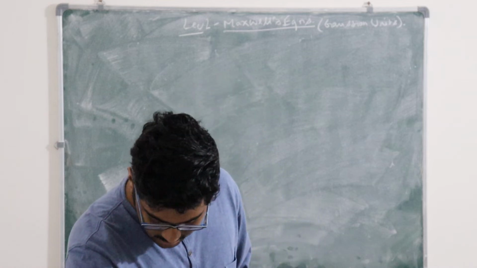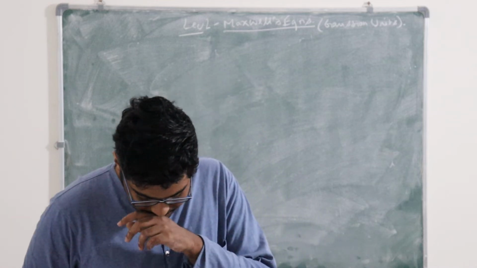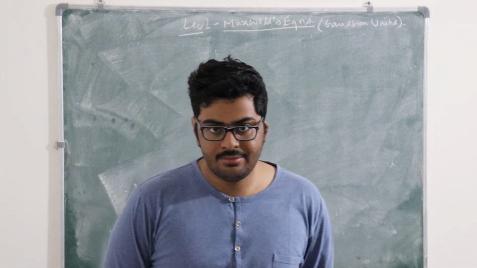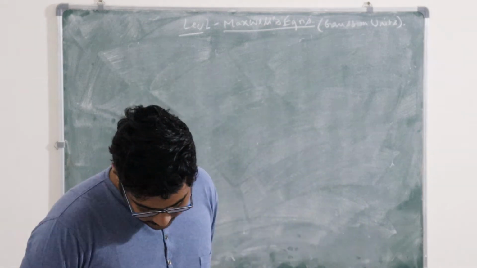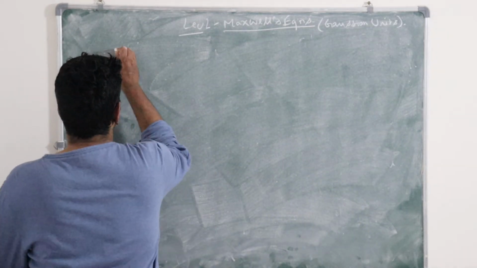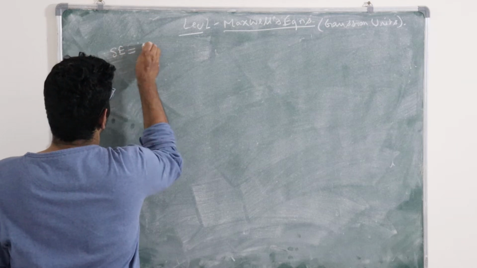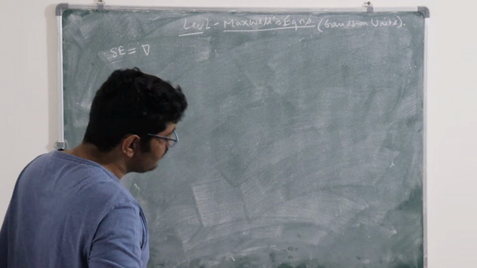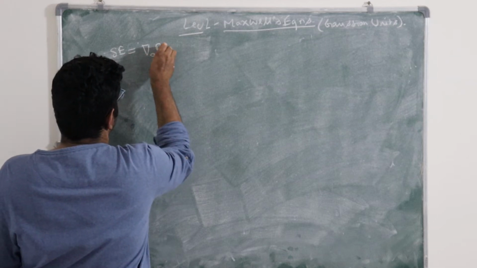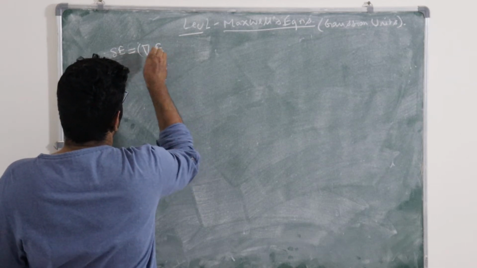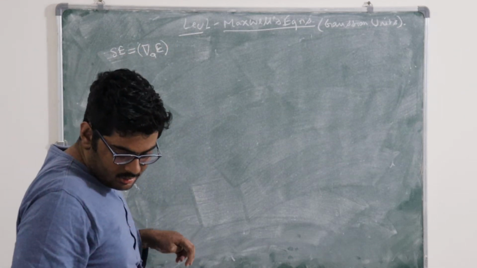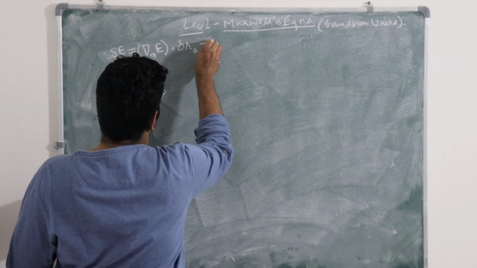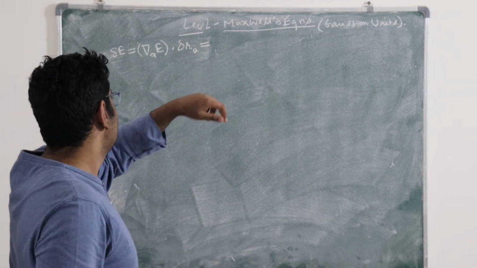So the notion of force can be derived from energy, and that is delta E equals the gradient with respect to A of E times delta R A. So this is the equation.